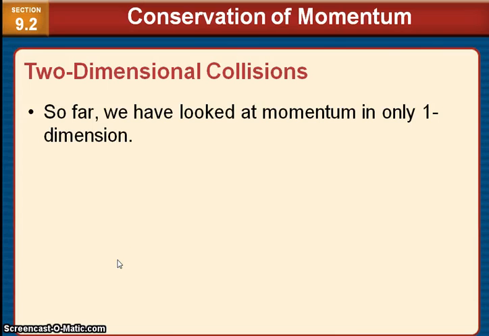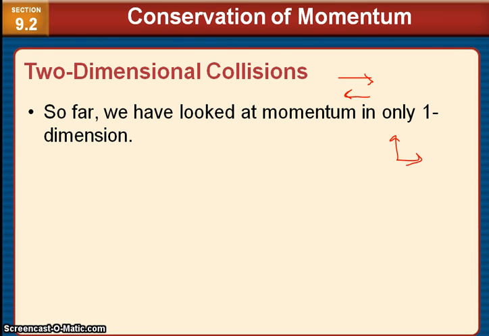So far, we've looked at the momentum in only one direction. Well, guess what? We can apply this to 2 dimensions too, just like we could to the force. So instead of it only being on one plane, like here and here, we can also have it in 2 dimensions, like our triangles.